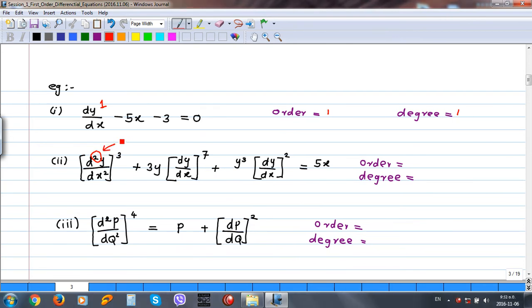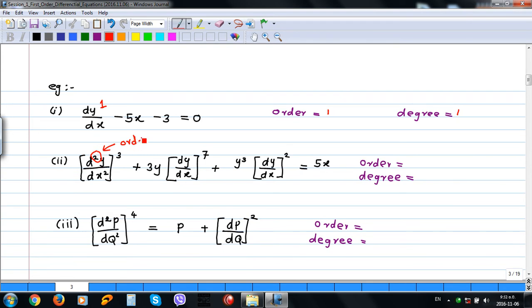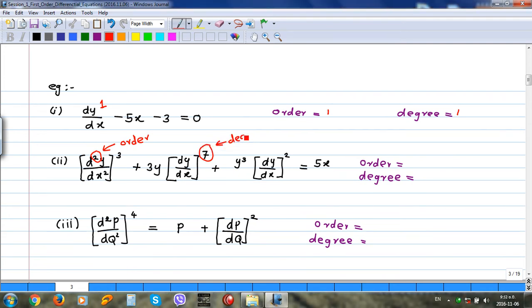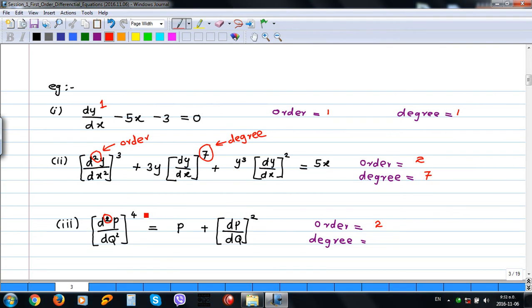The maximum derivative we call the order. Then the maximum power, that is 7, is called the degree. So here the order is 2, the degree is 7.